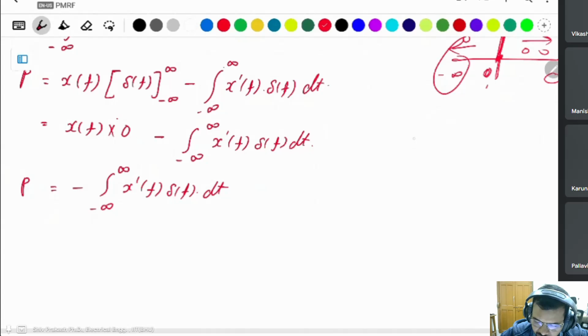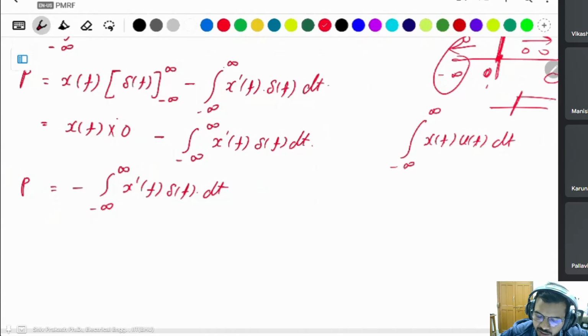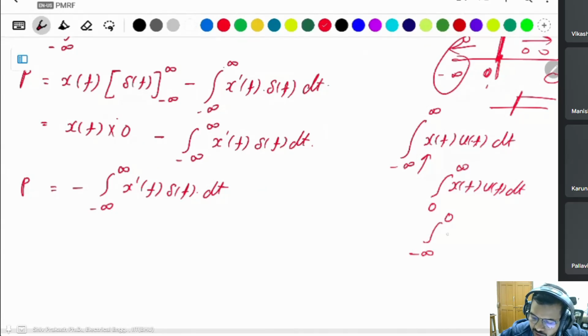Suppose any integration from minus infinity to infinity of x(t) u(t), where u(t) is a step signal. The step signal is available only from 0 to infinity. Then this integration also changes according to u(t), because this multiplication is not available before 0, so the limit becomes 0 to infinity of x(t) dt. Same thing if there is u of minus t: the integration is represented from minus infinity to 0 only.